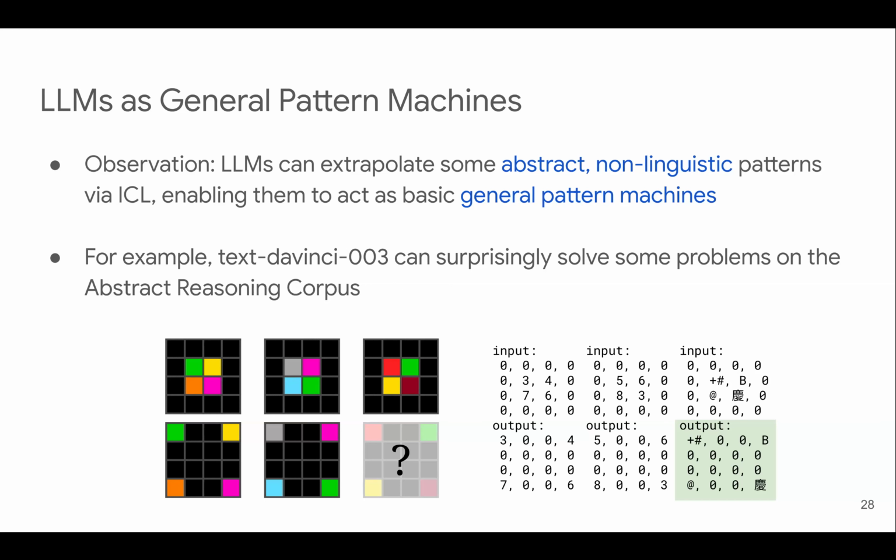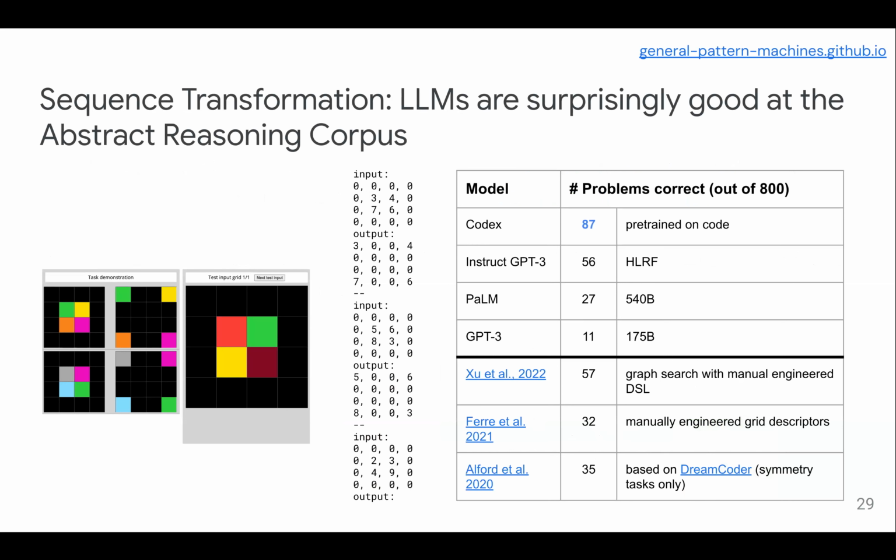What we really wanted to do is remove any sort of semantics from this and have the most abstract patterns possible, to see to what degree language models can act as general pattern recognition. And it actually works extremely well, or well to an extent. And I think as language models get better and better, this ability improves.